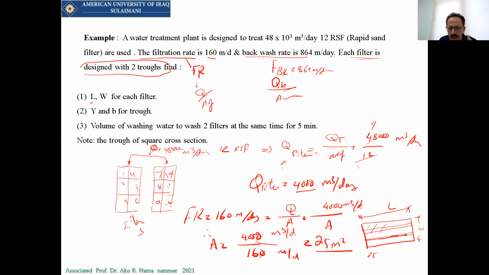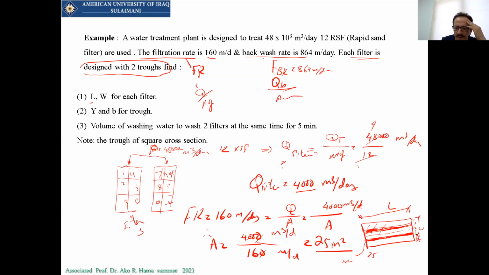Now I just want to tell you that this is the trough. The troughs are channels used just for collecting the backwashed filter, and they should have at least a space of 1 meter from each side. So the center line of this trough is 1 meter from the wall, so 1 to here and 1 to here.